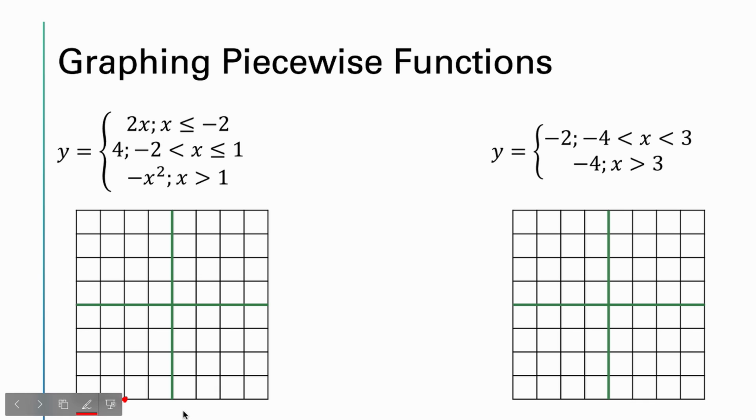Okay, now we have to graph this. And how would we do that? Well, we would draw the slope. And the slope of it would be 2, but since we're starting at negative 2, it would actually go down here. So our graph of 2x here is going to look something like this.